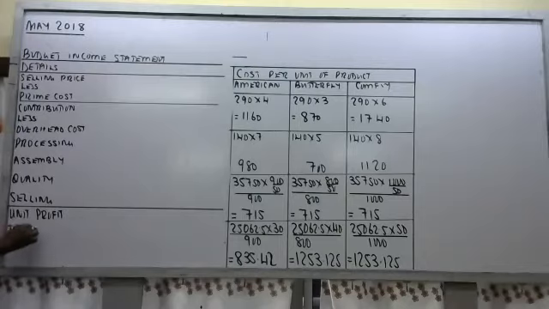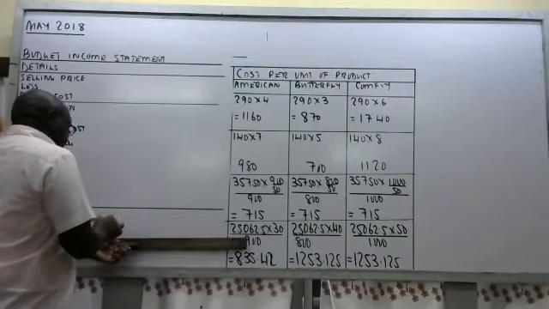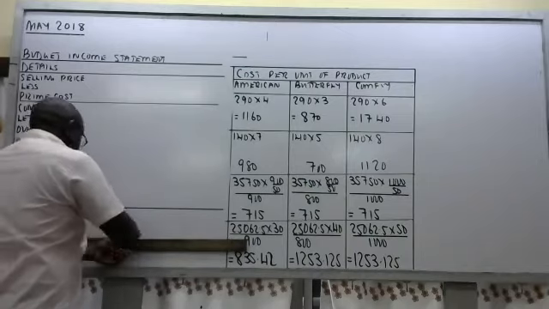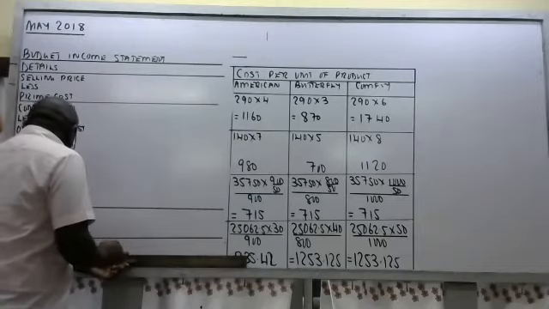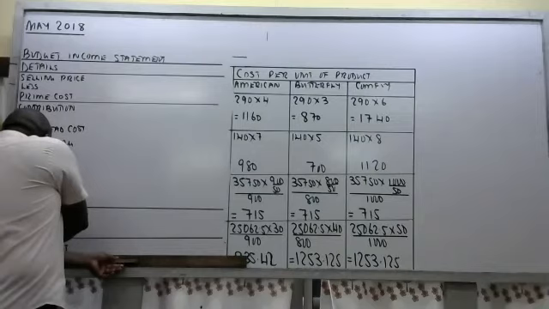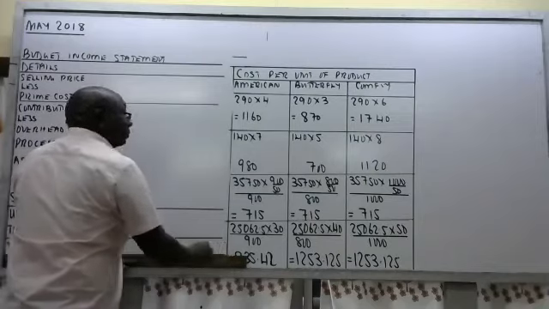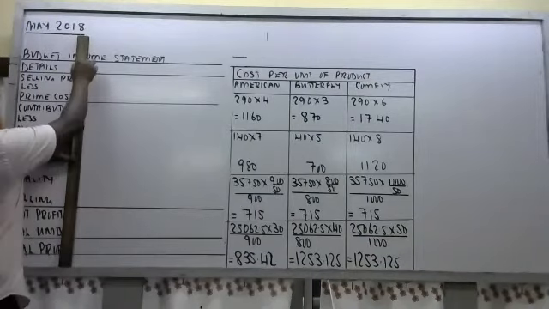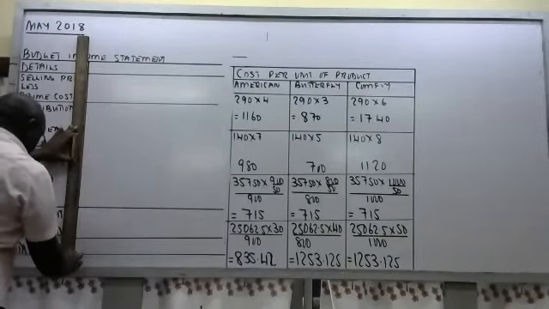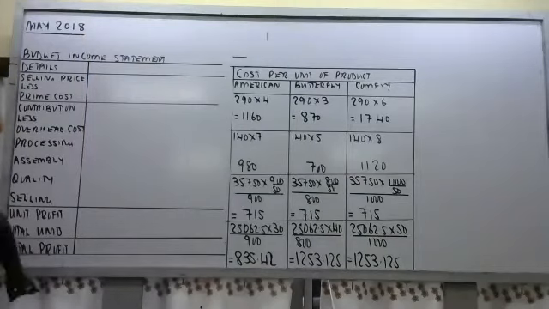Then you bring total units, and after bringing total units there, you are now able to tell how much your total profit is.